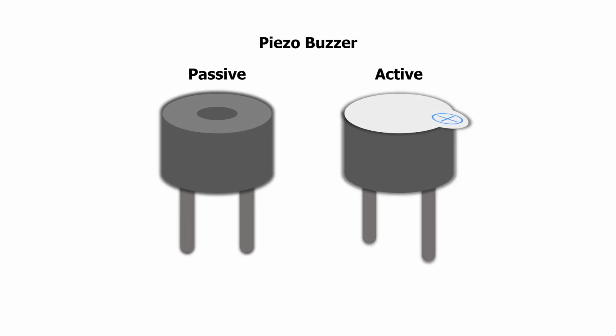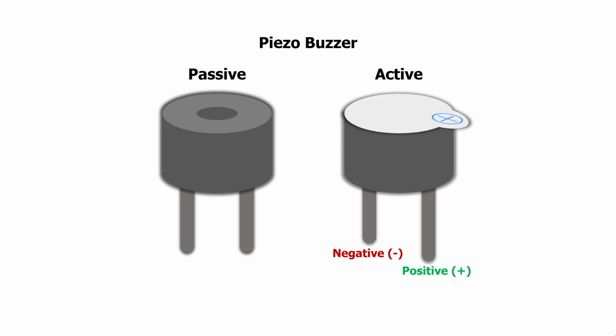You can identify an active buzzer if one of the metal contacts is longer than the other. In this case, the longer lead is the positive side and the shorter lead is the negative side. Whereas a passive buzzer requires an alternating electric signal to produce sound, an active buzzer has built-in circuitry to produce the oscillations for you.